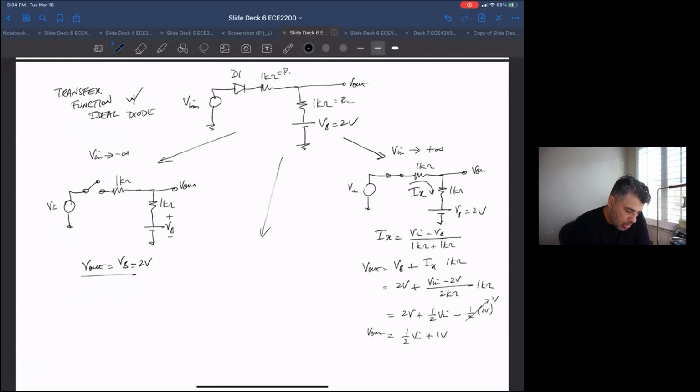Then the crossover point is where these two lines have to intersect, so we set them equal to each other. V out is equal to 2 volts, which is equal to 1/2 V in plus 1 volt.